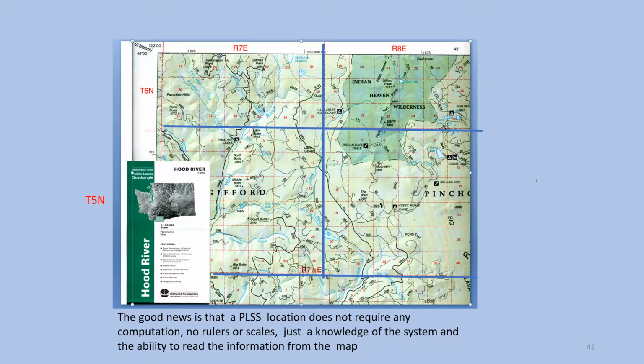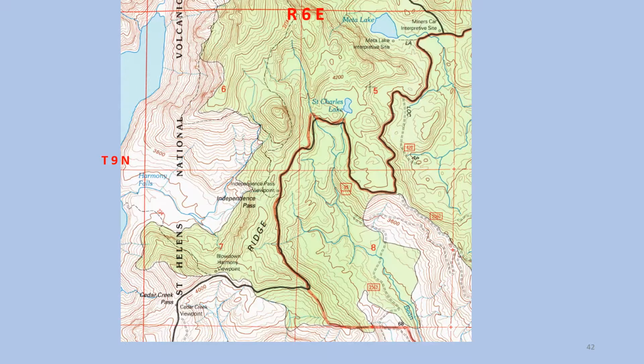The good news is that the Public Land Survey System location does not require any computation, no rulers or scales, just a knowledge of the system and the ability to read the information from the map. Now let's look at how the Public Land Survey System is used to describe areas of land.